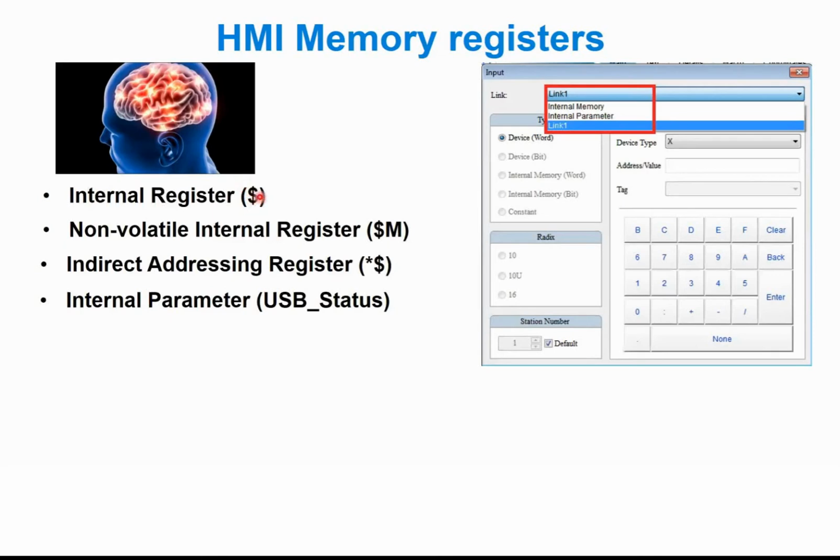The HMI has its own internal memory, so you can use this to do a lot. I think we have up to 65,000 of these registers. This one is a word register, so it's a 16-bit register.